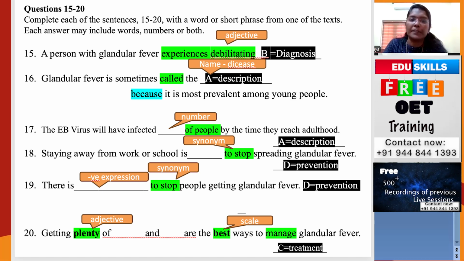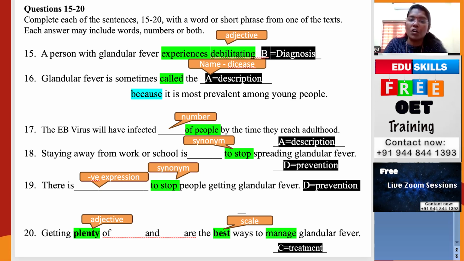We can see diagnosis glandular fever. Please underline that. Then the body part, that is the neck. You have to underline that also, that is the name of the organ.